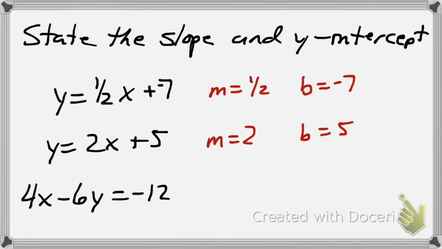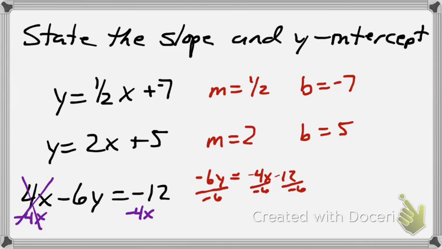When it gets a little more exciting is when it is not in slope-intercept form, and then you have to put it in slope-intercept form, which requires you to use your algebraic skills learned last chapter. So in this third example, if I wanted to get the y by itself, I would subtract the 4x to the other side. And then divide by a -6.